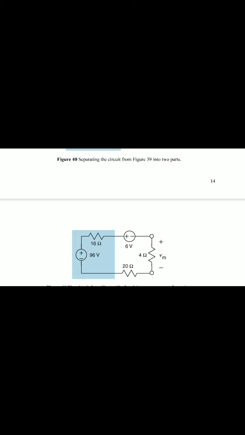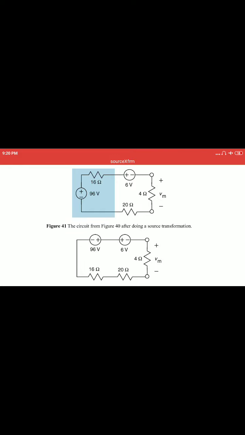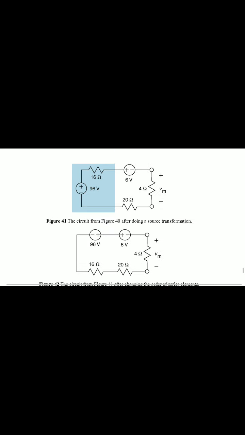That is a voltage source in series with 16 ohms. Now 6 volts and 4 ohms and 20 ohms. So here the circuit from figure 40 after doing a source transformation, so 96 and 6 volts. Here these are of opposite polarity.